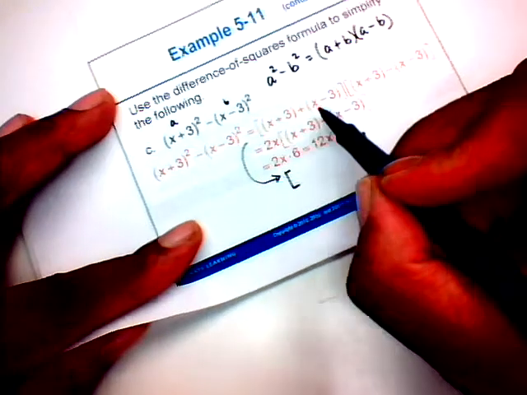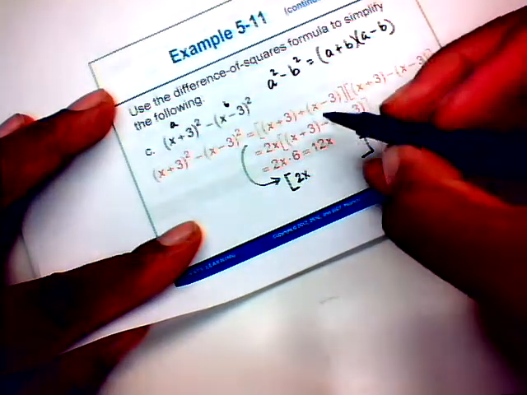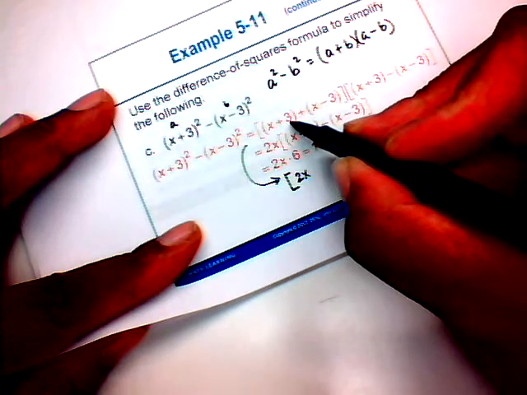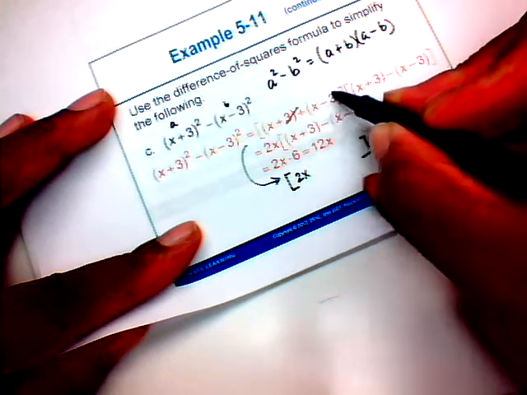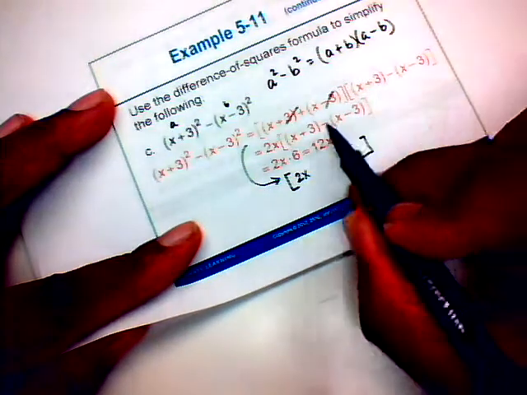If I simplify this right here, x plus x is 2x. And then you got 3 plus a negative 3, that's gone. So here we got the 2x. And then you have this right here.